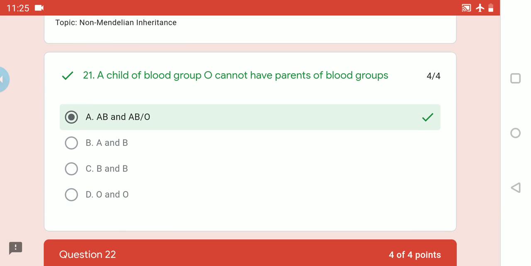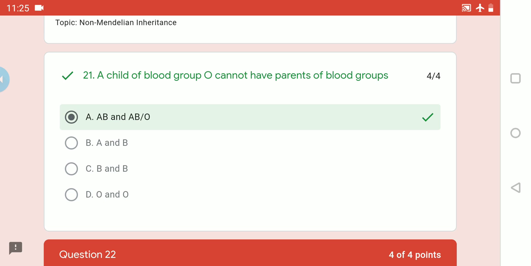Next question. A child of the blood group O, underline the terminology, cannot have parents of the blood groups. Here, as I said, if you take the example of the A blood group, in a heterozygous condition small i will be there. Whenever small i comes, surely there is a possibility.